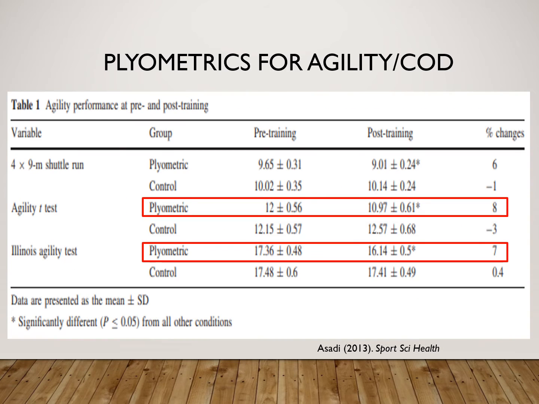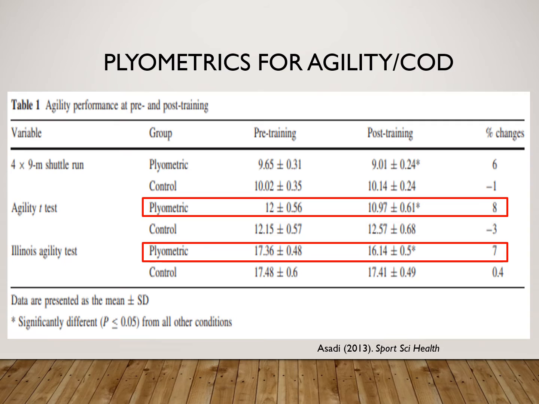And another training method which can also be utilized for agility and change of direction is plyometric training. Obviously with plyometrics we are utilizing the stretch shorten cycle, and the ability to absorb force is a key component of any plyometric training.